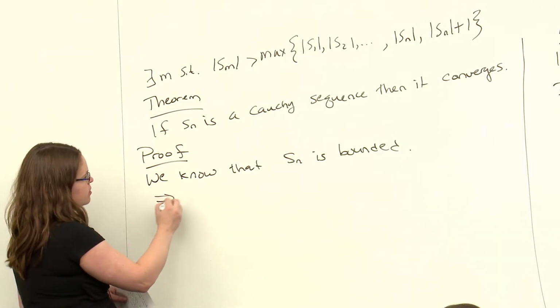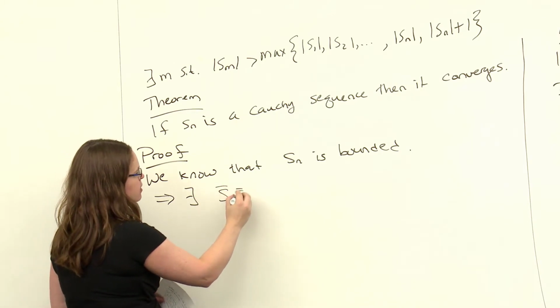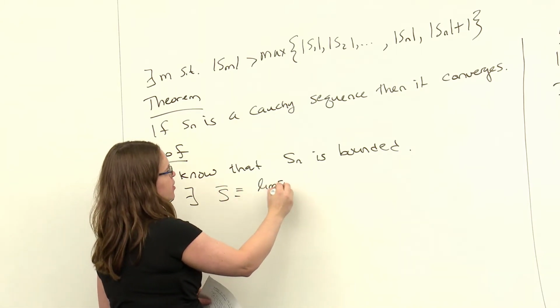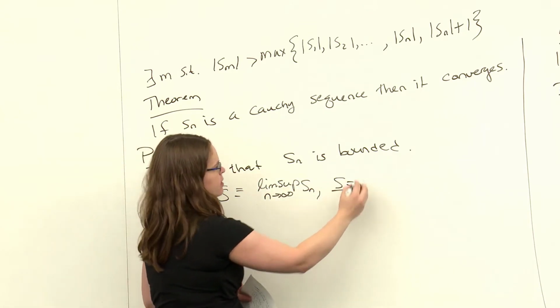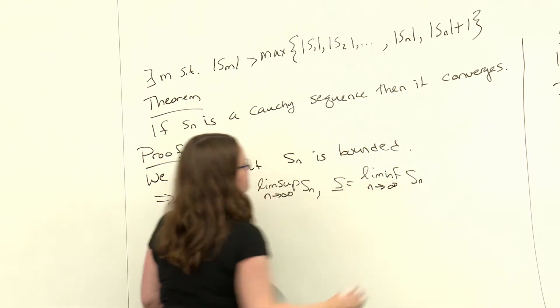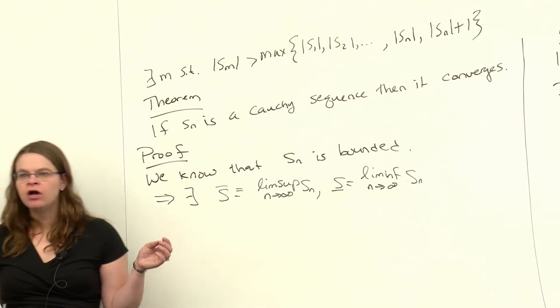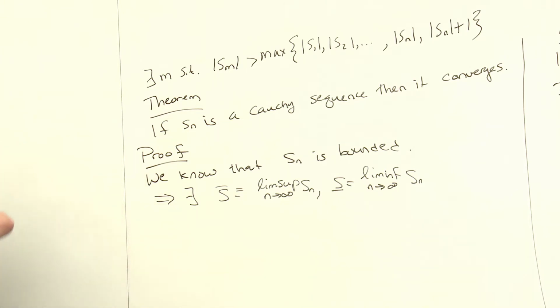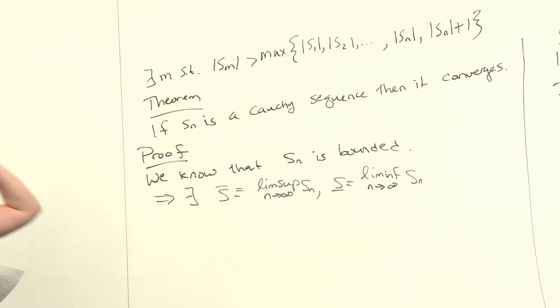So that means there exists a limit superior, so S bar as the limit superior, and S underbar as the limit inferior. Okay, and these are finite. The sequence isn't going off to infinity, so we're not going to have a limit superior that's trying to blow up on us. These are solid, finite, real numbers.